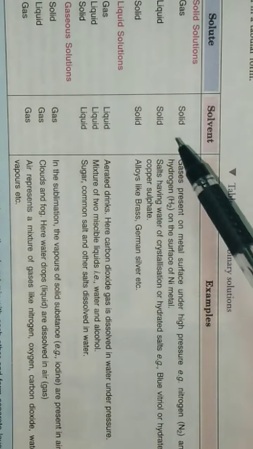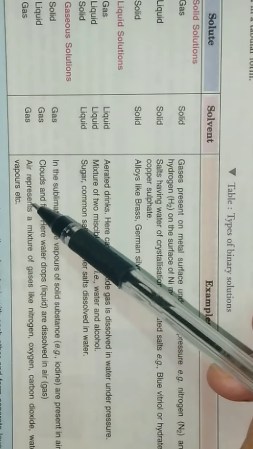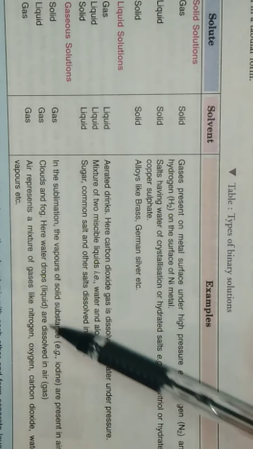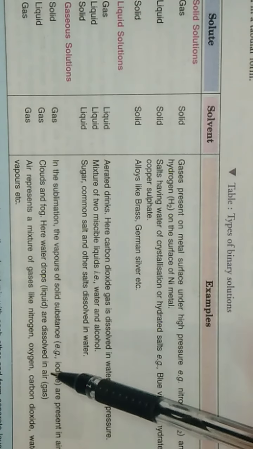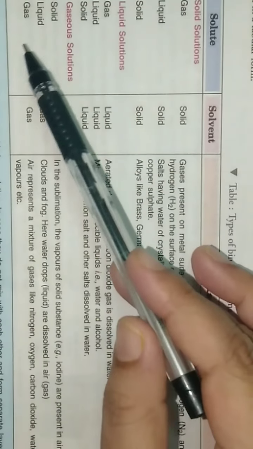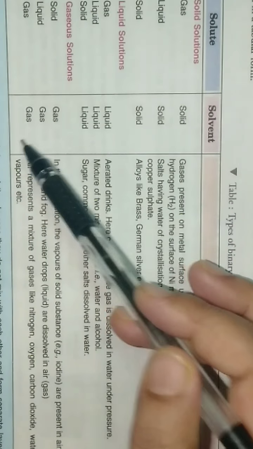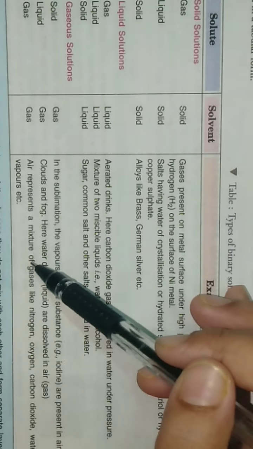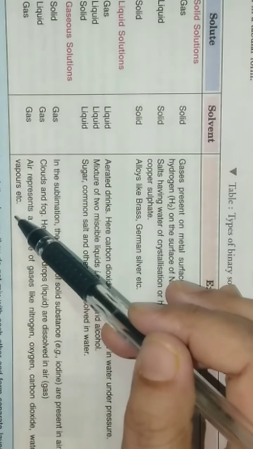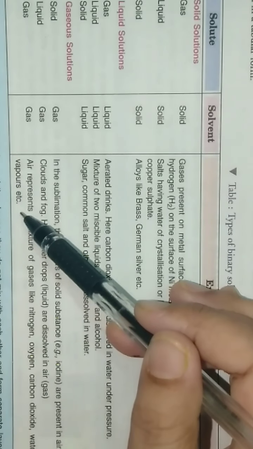Solute liquid and solvent gas: clouds and fog, where water drops are dispersed in air. Air means gas. The last one is solute gas and solvent gas: air is a mixture of gases like nitrogen, oxygen, carbon dioxide, water vapor, etc. Clear, students?